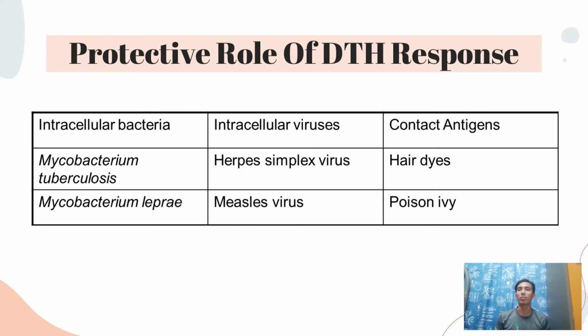The next slide is about the protective role of the DTH response. The first is that a variety of intracellular pathogens and contact antigens can induce a DTH response. And then the cells harboring intracellular pathogens are rapidly destroyed by the lytic enzymes released by activated macrophages.